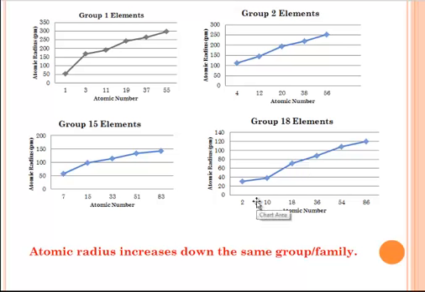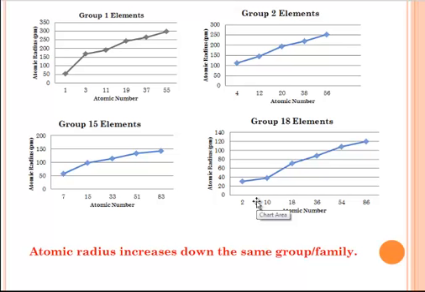You can do the exercise by grabbing the atomic radius data from the interactive periodic table, ptable, and plotting them. It's easier after plotting all of this to find the trend.